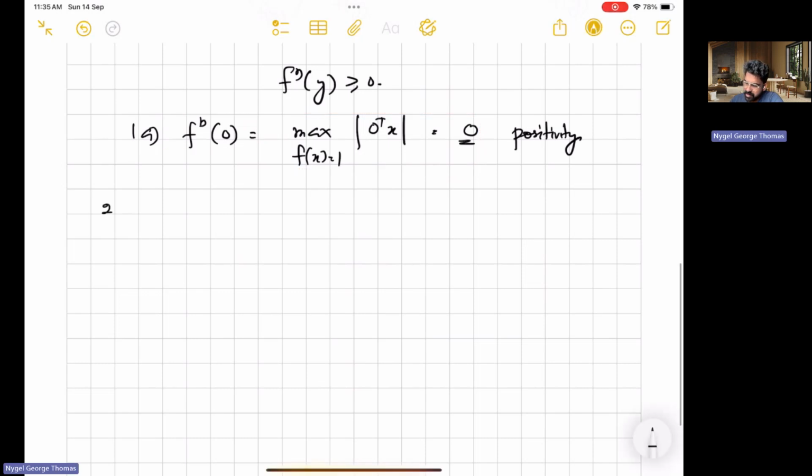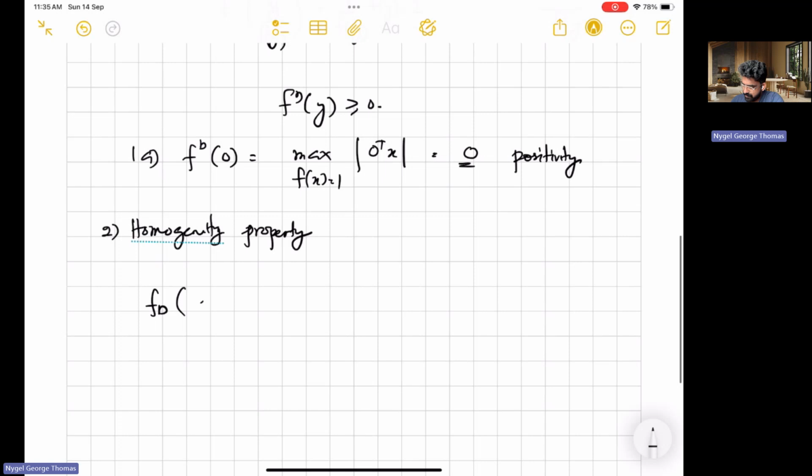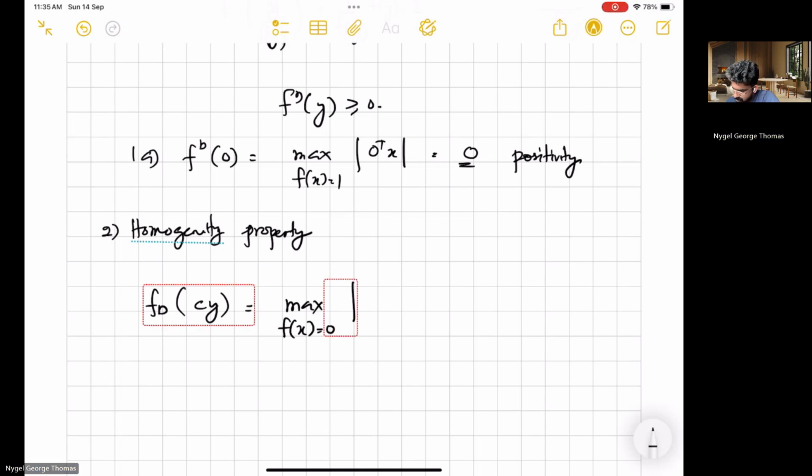Now let's look at the homogeneity property, where we have to find fd of cy. Fd of cy is max f of x is equal to 0 modulus of cy transpose x. So c is actually a scalar. The c and c transpose doesn't matter.